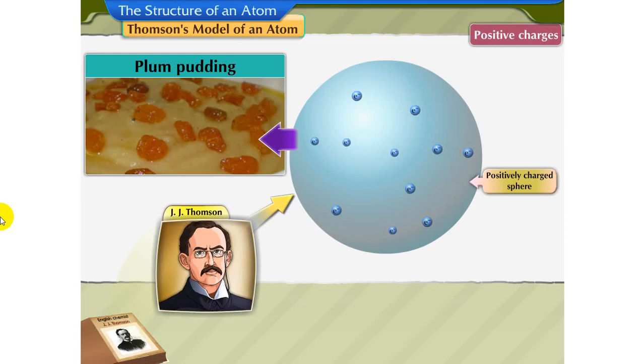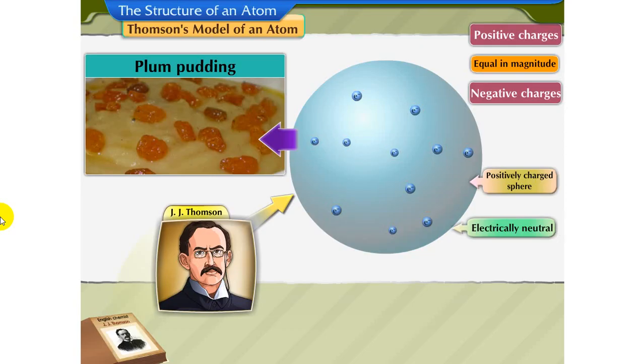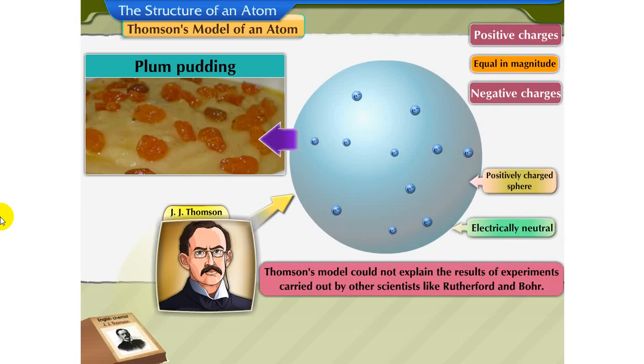The positive and negative charges are equal in magnitude. So, the atom as a whole is electrically neutral. But his model could not explain the results of experiments carried out by other scientists like Rutherford and Bohr.